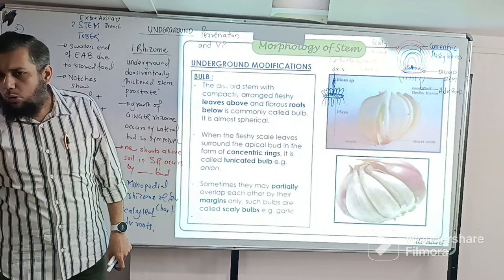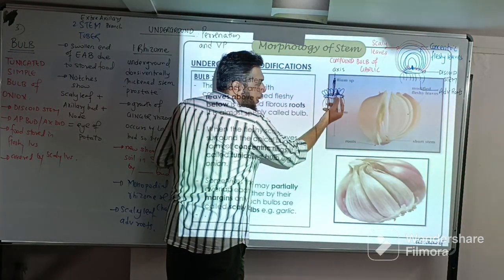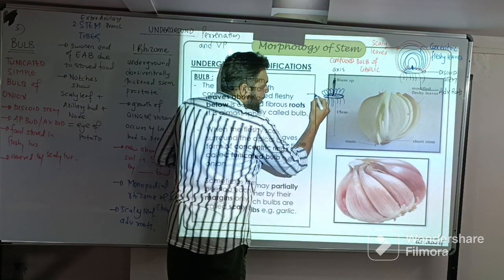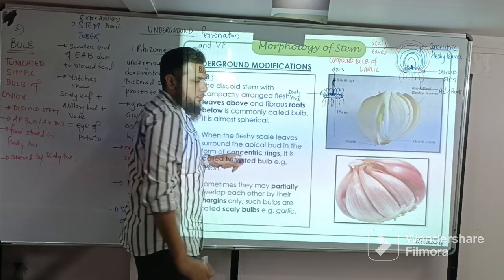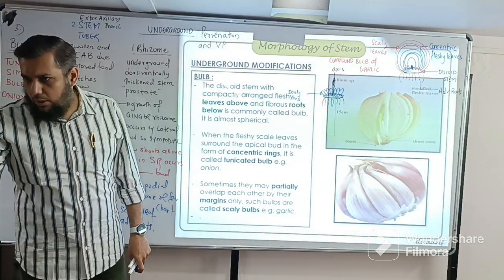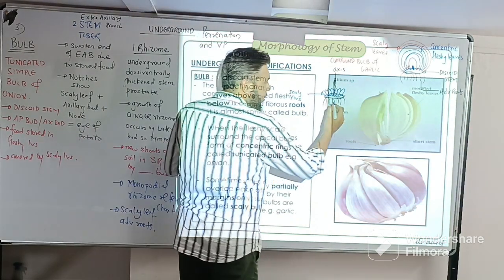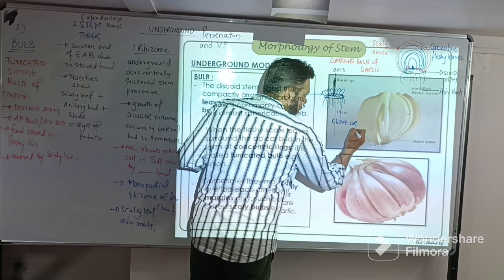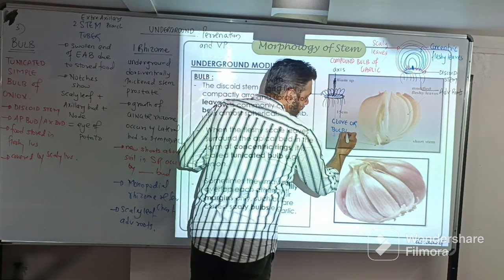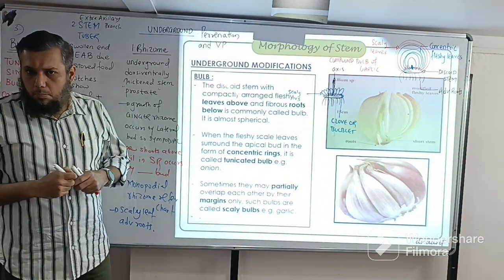Have you got my point? And one entire concentric row is covered by scaly leaves. And one bud with stored food is called a clove, or it is called a bulblet.